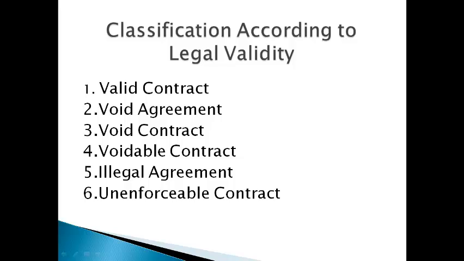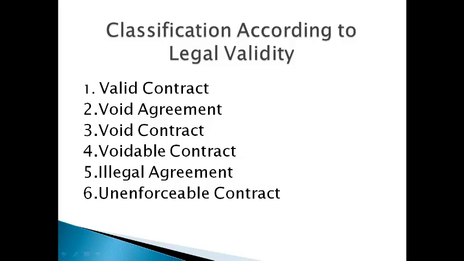In such cases where the consent is not free, the party whose consent is so caused becomes the aggrieved party, who can either affirm the contract or set aside or rescind it. For example, A agreed to sell his car to B for rupees 50,000. The consent was obtained by use of force. The contract is voidable at the option of A. A can put an end to this contract if he so decides.